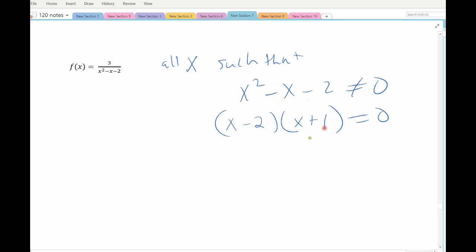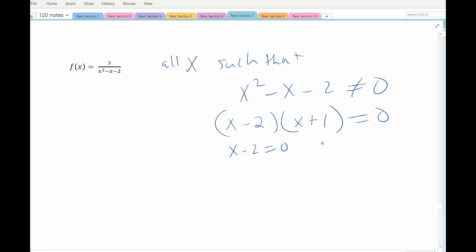We'll have a negative 2 and a positive 1, and that works, right? Negative 2 times 1 gives me my negative 2. Checking my middle terms, that gives me a negative 2x and a positive x, leaving negative 1x. So it checks. Like I said, you could use the quadratic formula or graph it to find its zeros. As long as you find them, that's what matters. I think the easiest is factoring.